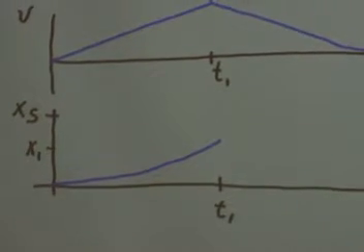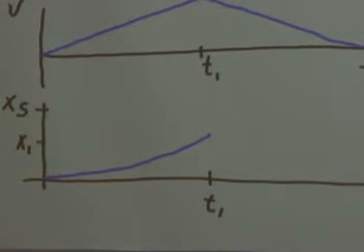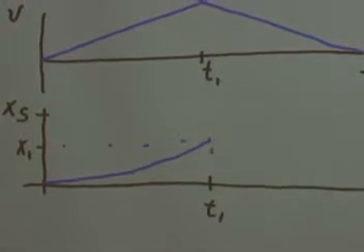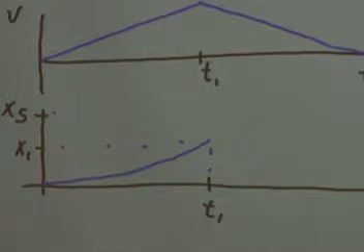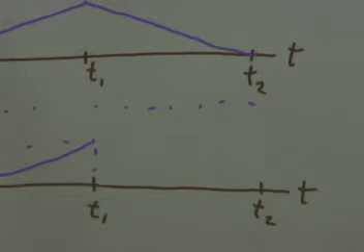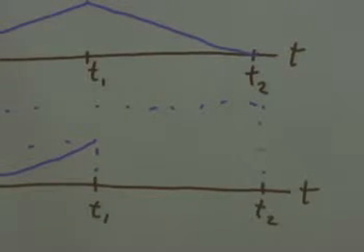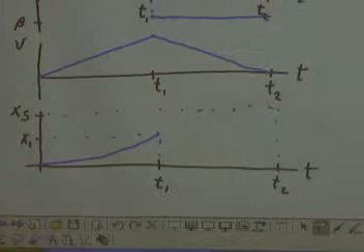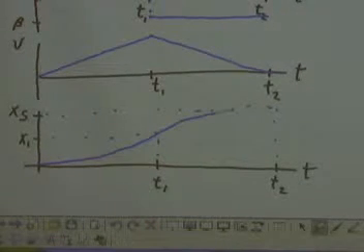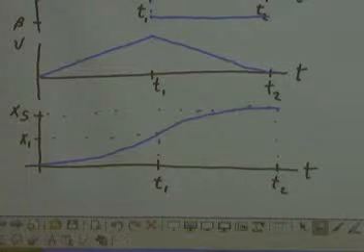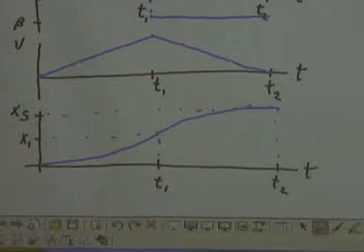And then over to this point out here, we will also have a parabola, but the curvature will be downward for this segment, so that the slope approaches 0, a horizontal line, as you can see from the graph above.